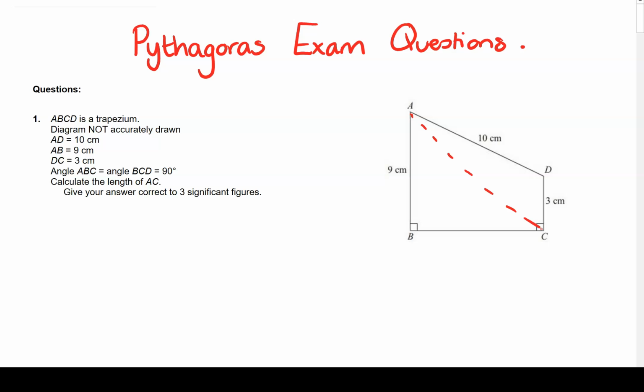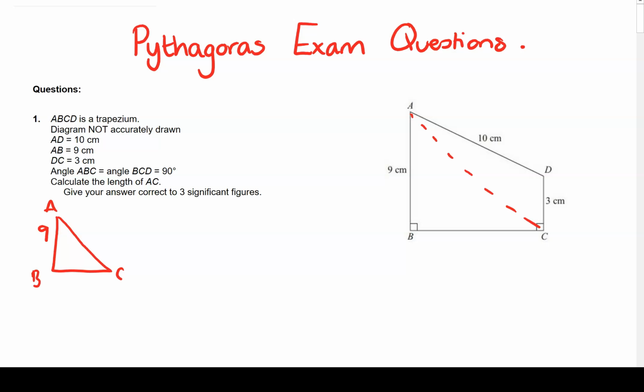So if you were to cut out the triangle ABC, we know that AB is 9. We do not know BC, and we need to find the hypotenuse of that. We can't do that at the moment. So we need to find a way of finding out the length BC.